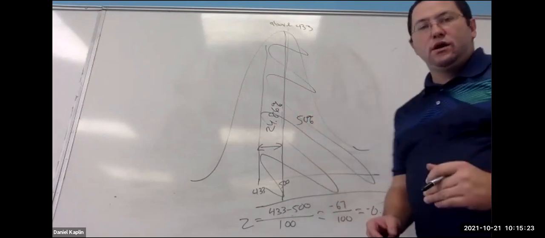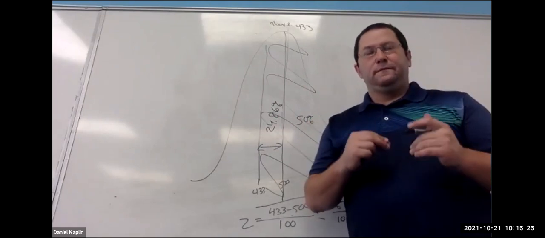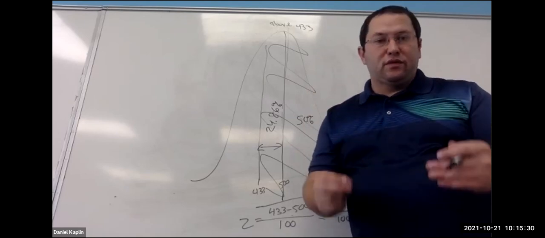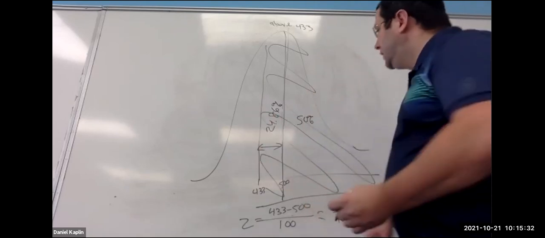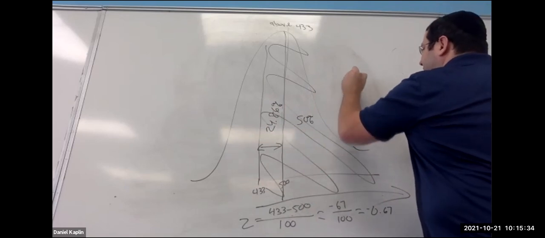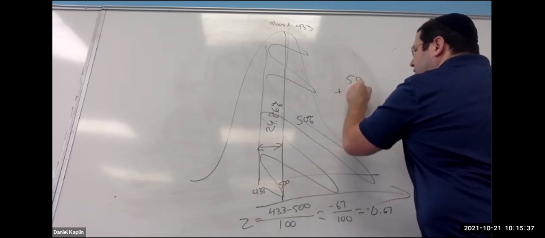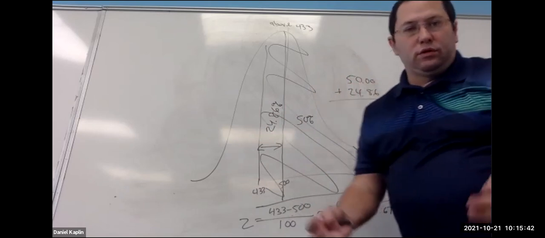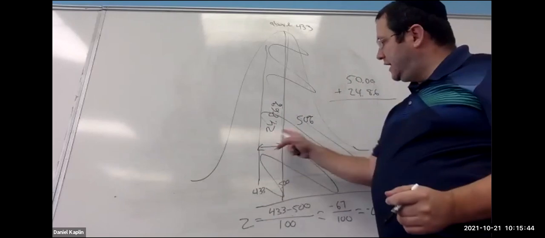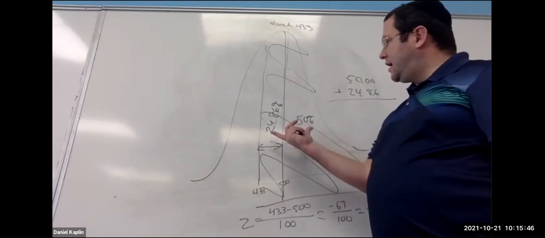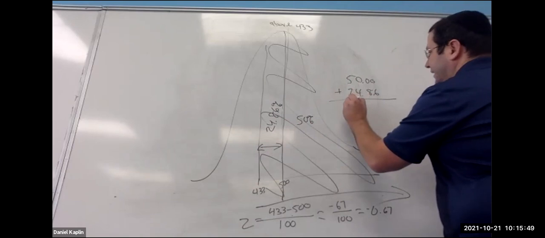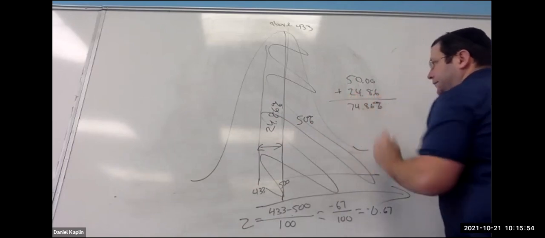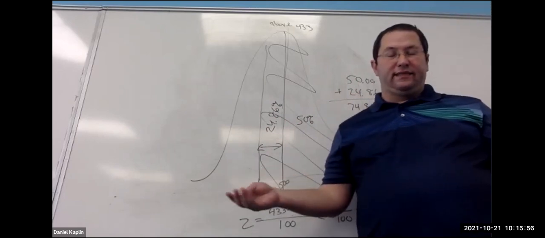So if I want to know the percent of cases that get a score of 433 or above, what I would do is 50 plus 24.86. Now the same rule is at play, right? The shading crossed the midline. So now I'm going to add. So I get 74.86%. That's it. So that's how you calculate that.